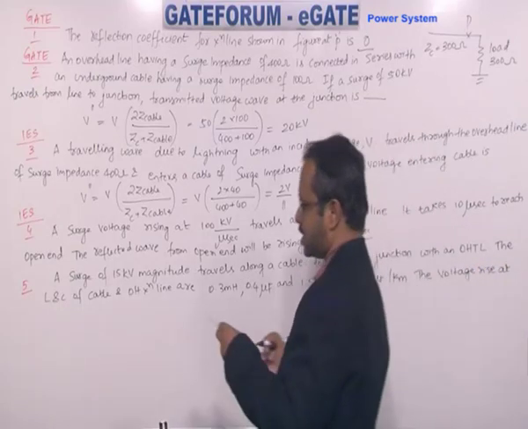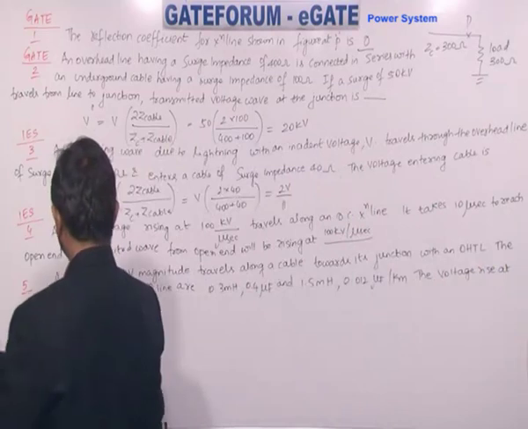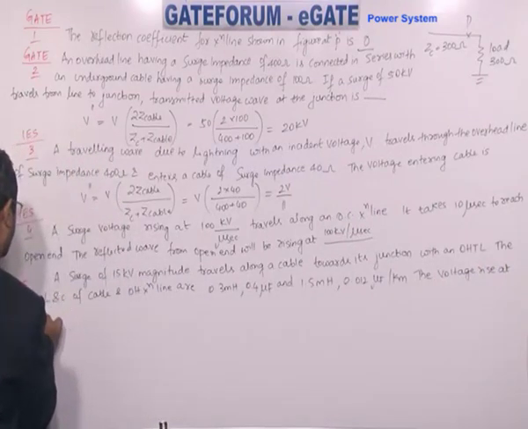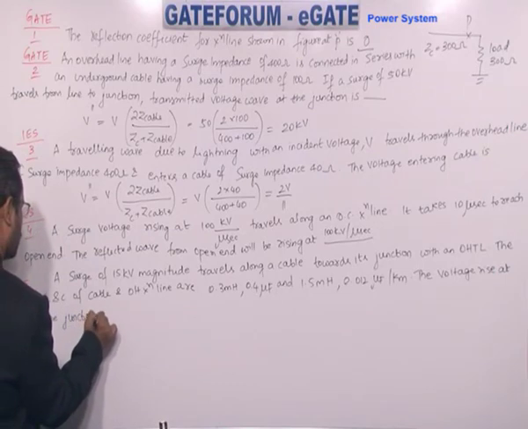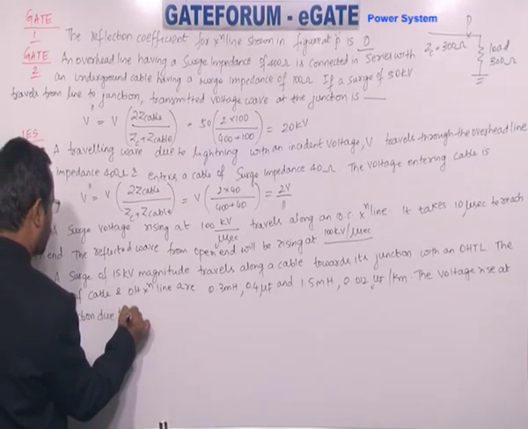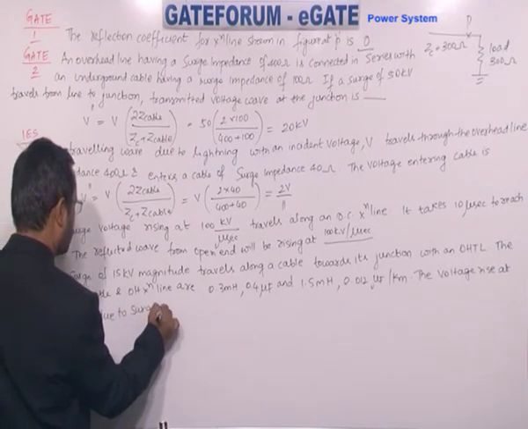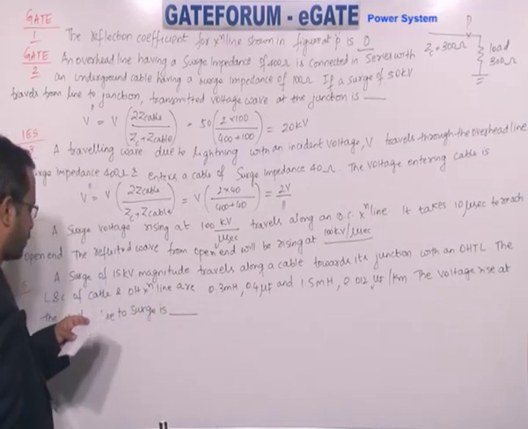The voltage rise at the junction due to surge is.